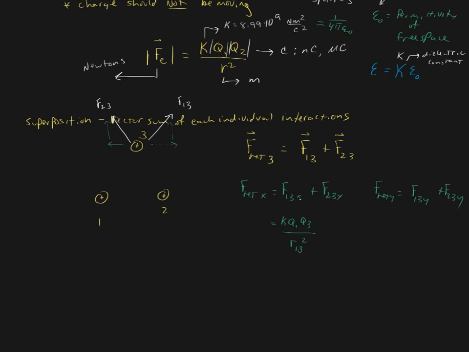And to get the x component, if we assume that this is our angle theta here, then it becomes cosine of theta. And then we go to the y dimension, we have F net y, and we get K Q1 Q3 over R13 squared sine of theta. All right, so this is all stuff that you've seen before, but that's the principle of superposition.